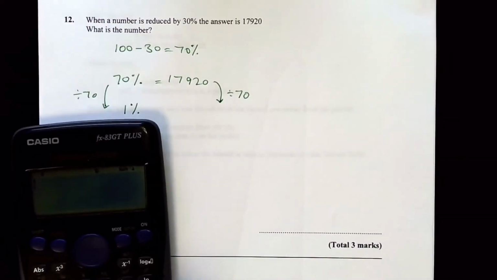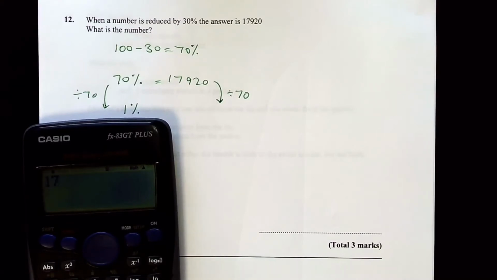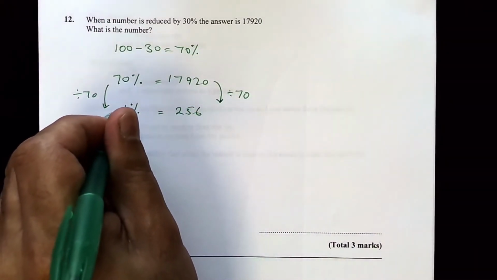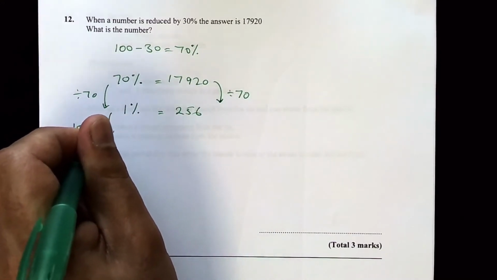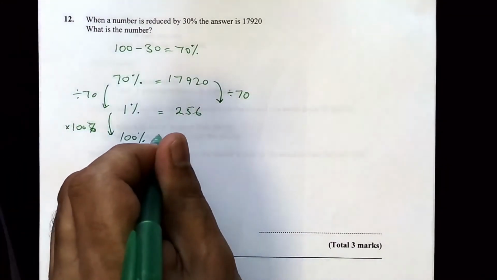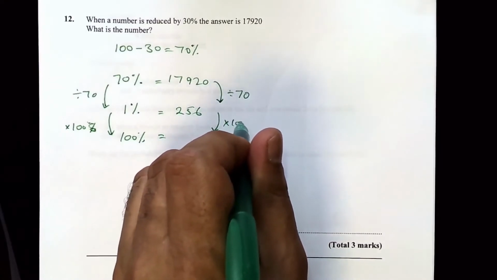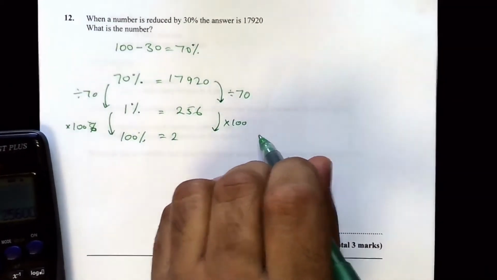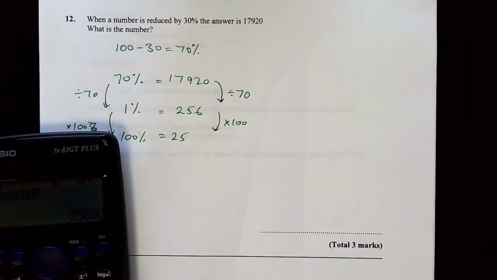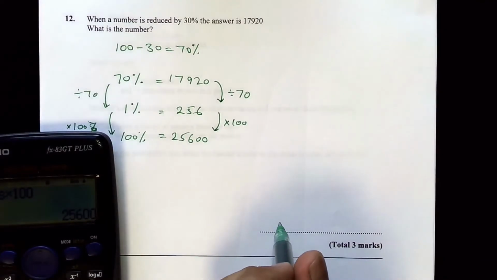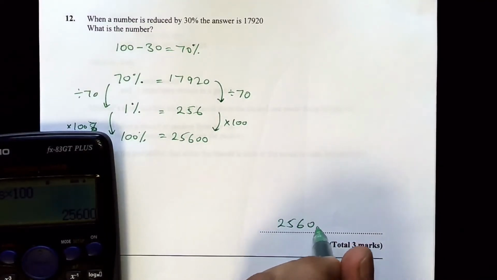So on my calculator, 17,920 divided by 70 is equal to 256, and from that I'm going to get to 100%, which is multiplied by 100, sorry, multiply that side by 100 as well, again times 100 equals 25,600. So my answer is 25,600.